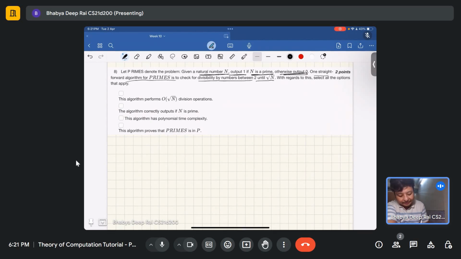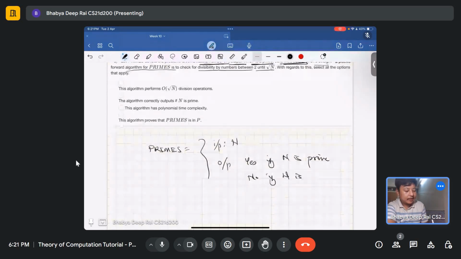So what it says is, primes is: given a natural number n, output yes if n is prime, no if n is not prime.